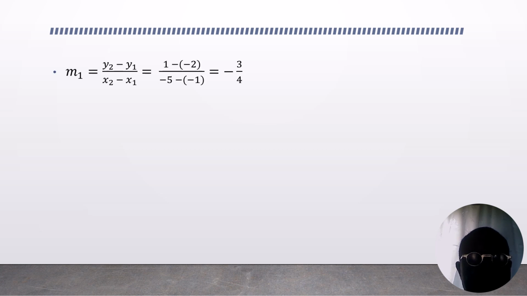The slope m1 of the line segment AB is y2 minus y1 all over x2 minus x1, and this is equal to 1 minus minus 2 all over minus 5 minus minus 1, and this gives us minus 3 over 4.